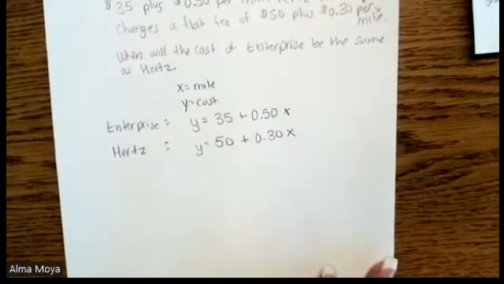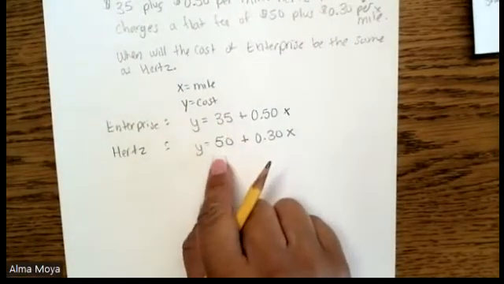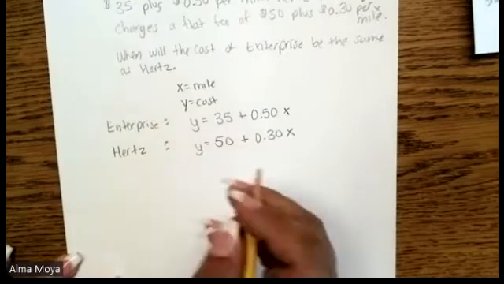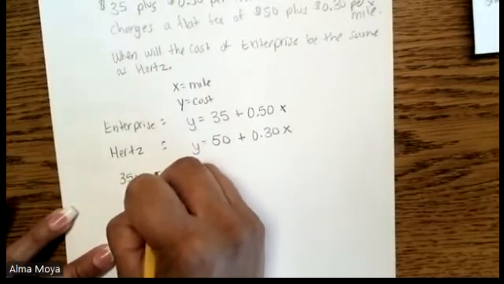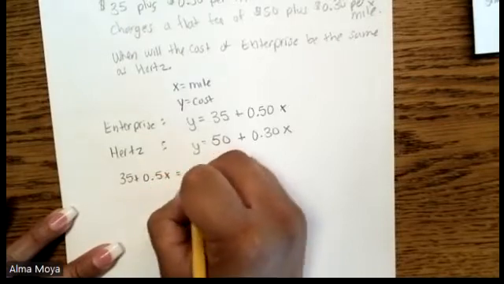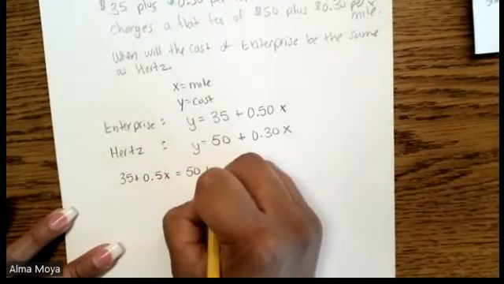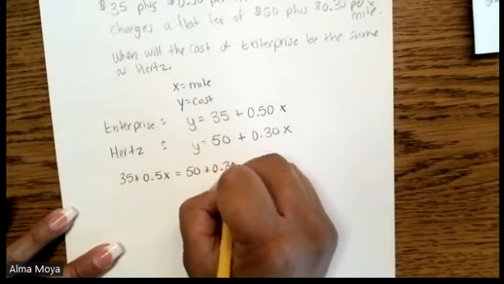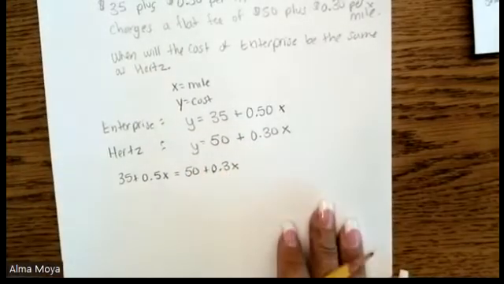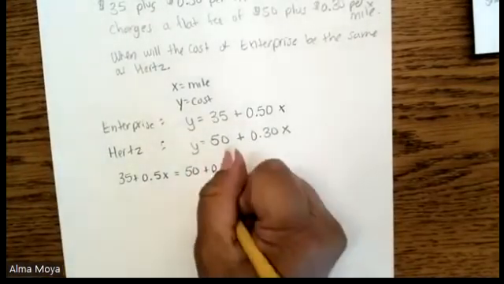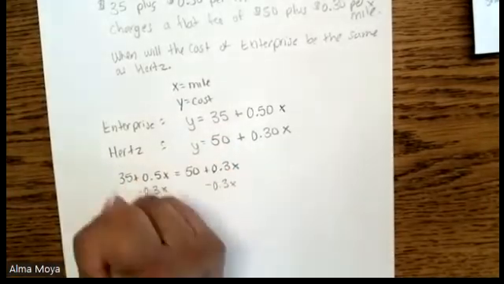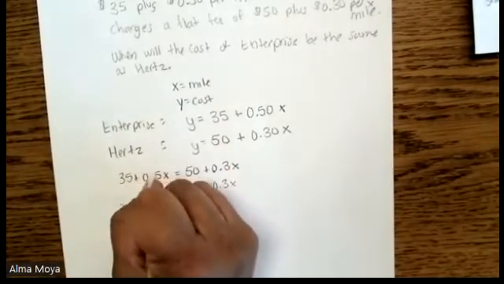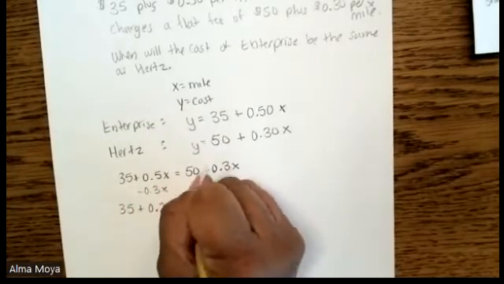I'm going to solve this by substitution. I'm just going to set these two equal to one another. So I have 35 plus 0.5x equals 50 plus 0.3x. I'm going to move the x's to one side, so I'm going to move the smaller one. So I have 35 plus 0.2x equals 50.